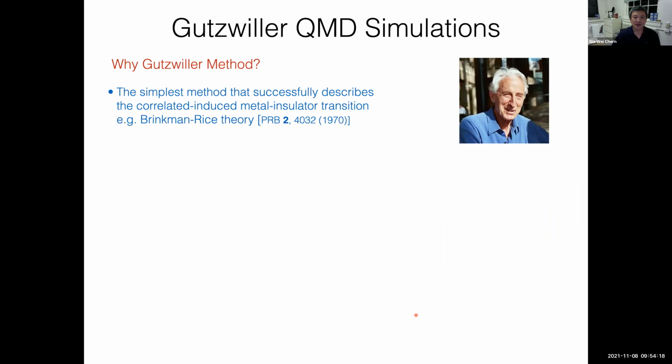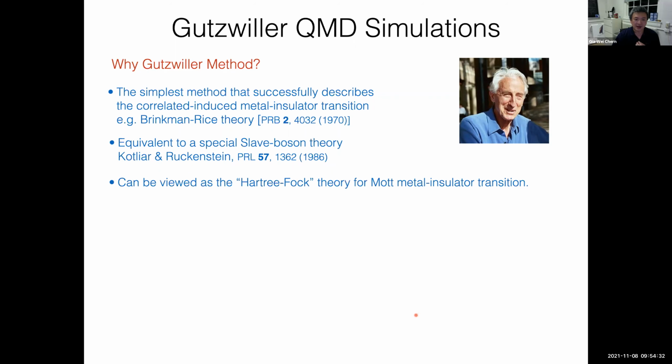This is perhaps the simplest method which can successfully describe the correlation-induced Mott metal-insulator transition. It is equivalent to a spatial slave-boson theory, and can be viewed as the Hartree-Fock of the mean-field theory of the Mott transition. There are more accurate methods like variational quantum Monte Carlo or dynamical mean-field theory, but these are too time-consuming to be combined with MD simulations at this stage.